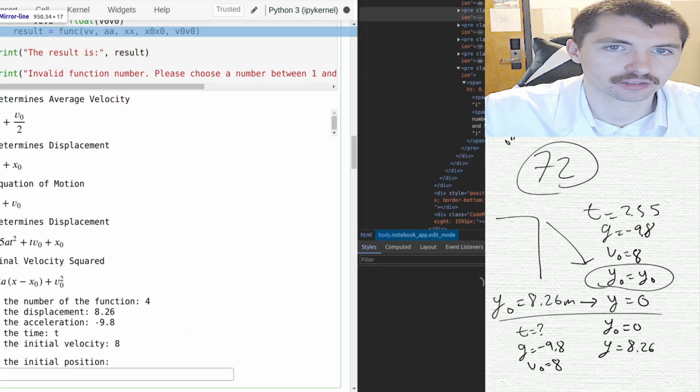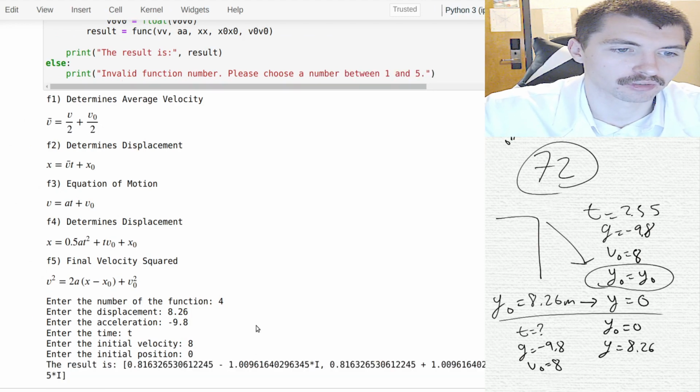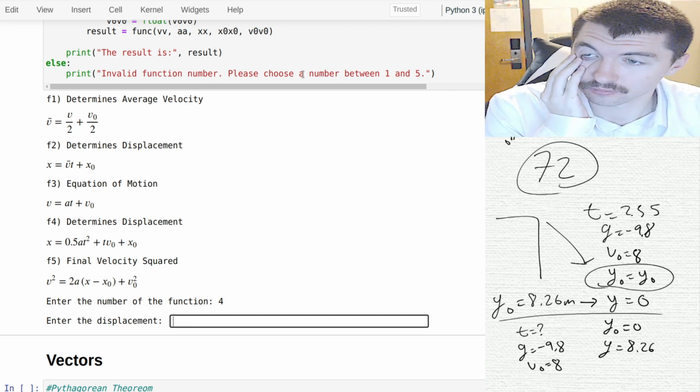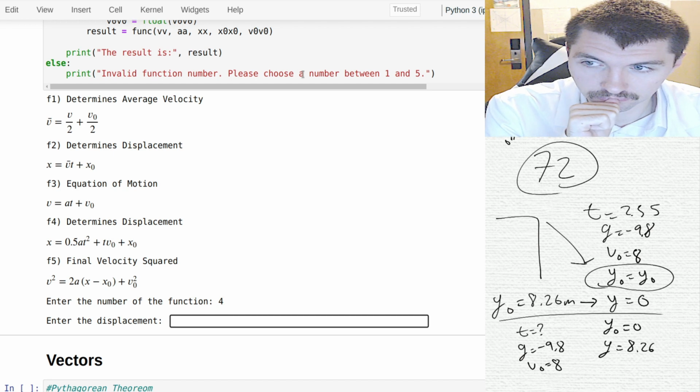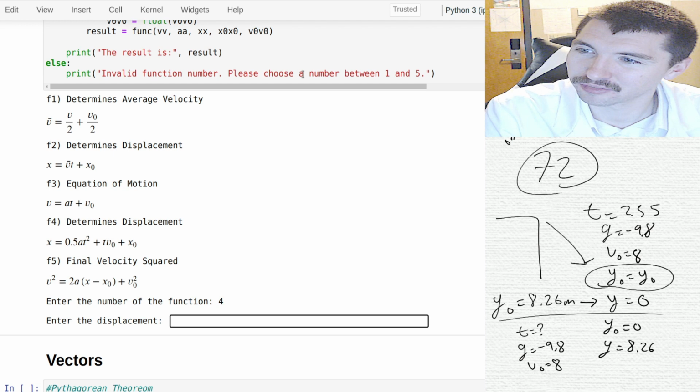I think that's wrong. Or displacement. Maybe it would be negative 8.6.